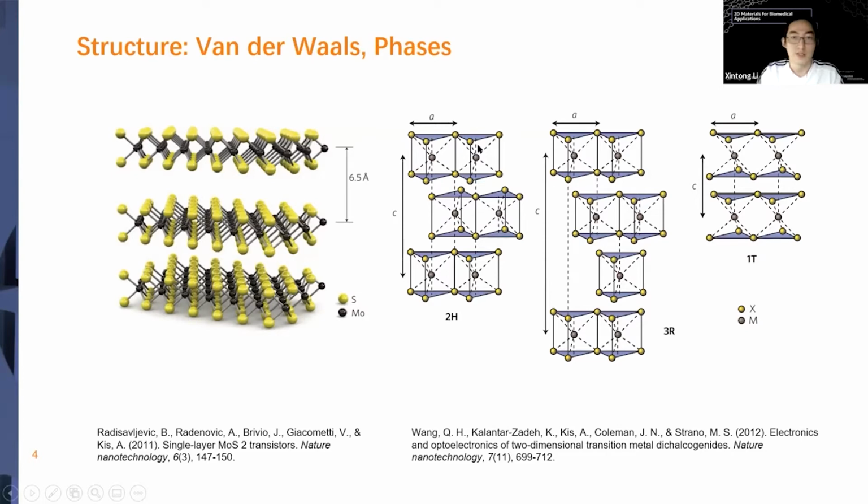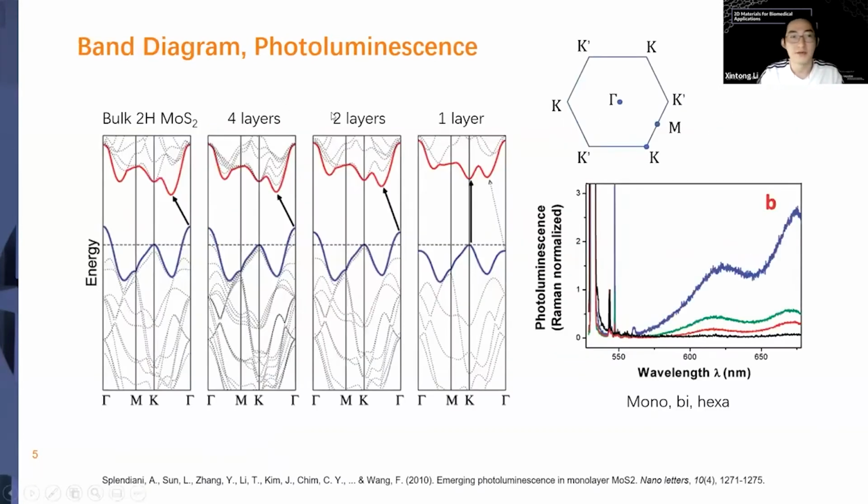And starting from the lattice structure, we can calculate the band diagram of TMD. For example, this chart shows the evolution of the band diagram of a 2H MoS2. MoS2 is probably the most famous group 6 TMD among all the TMDs.